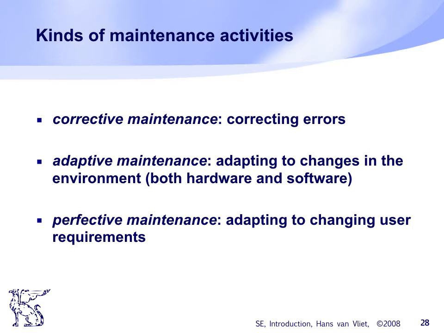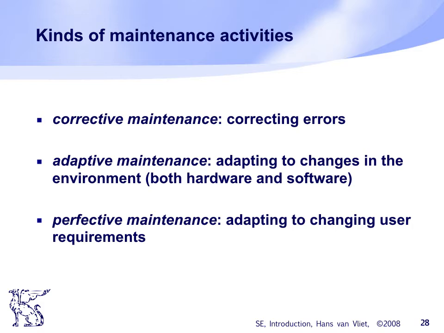So we can actually distinguish maintenance activities into four kinds. In this slide they have mentioned three kinds, but there are actually four. That's corrective maintenance, adaptive maintenance, perfective maintenance, and we can add one more, preventive maintenance.